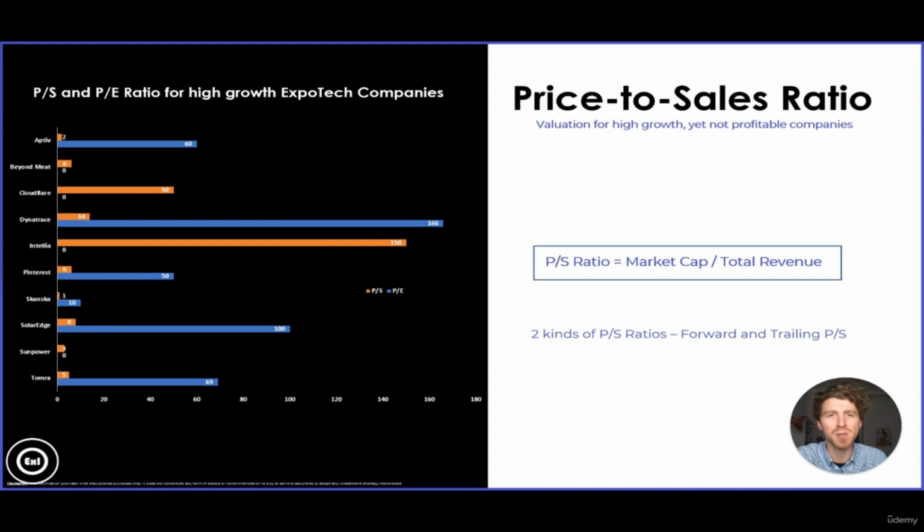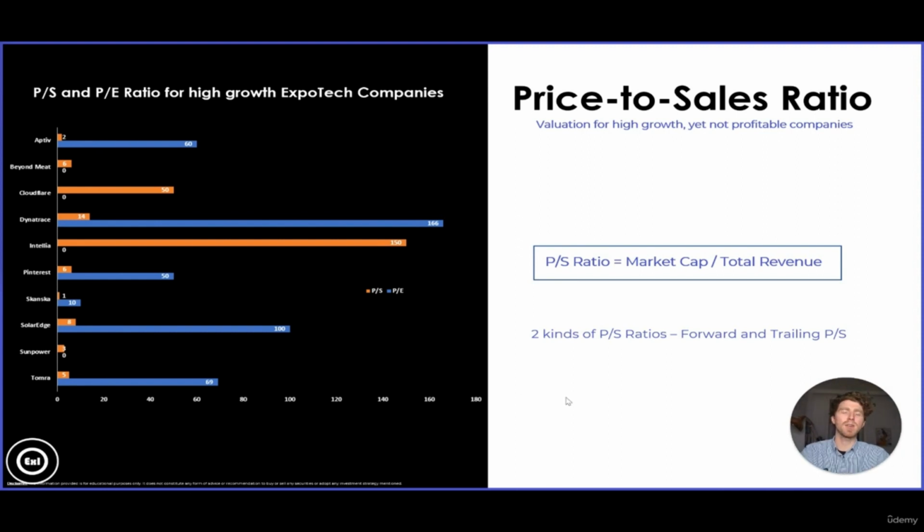And therefore, investors are giving them some credit in advance, I would say, since the price to sales ratio of 150 is just extraordinarily high with Intellia. The same is true for Cloudflare, where they would need 50 years of constant revenues to justify the market capitalization. So looking at the growth companies listed here, I would say Cloudflare and Intellia are kind of overvalued, but the rest of them are really moving in a justifiable corridor.